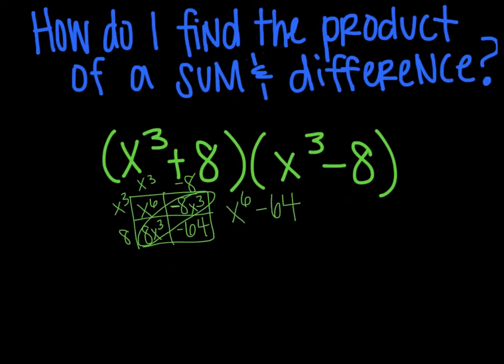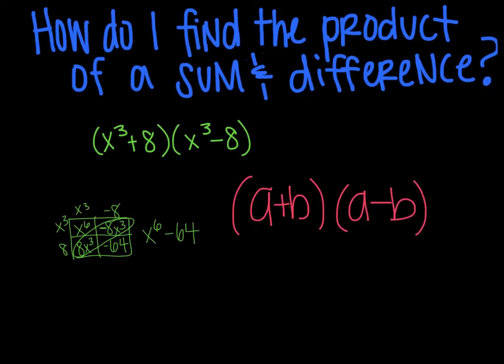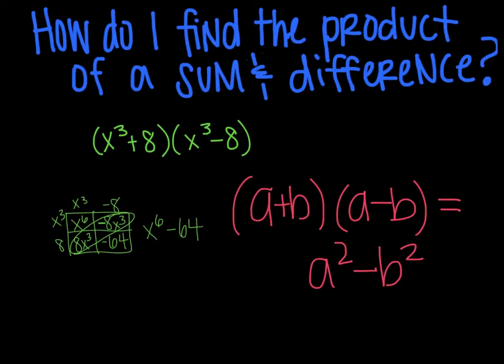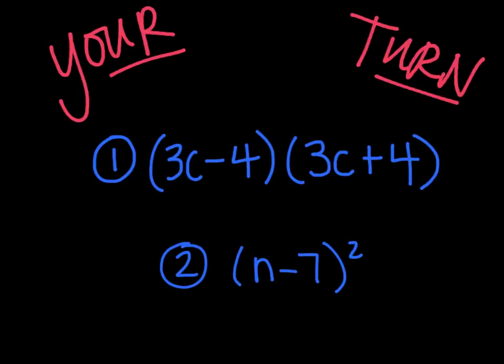So in general terms, you will have your a plus b, and then your a minus b, and that's going to end up equaling your a squared minus your b squared every single time, because the terms will cancel each other out.